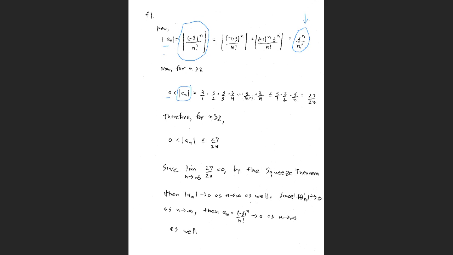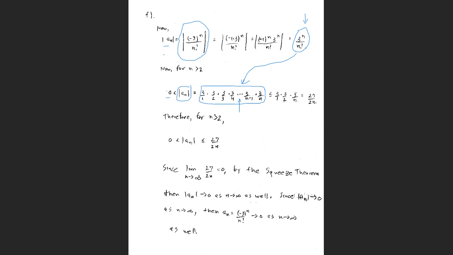So for n greater than or equal to 2, if I want to write out this sequence, 3 to the nth power over n factorial, I could write that as 3 over 1 times 3 over 2 times 3 over 3 times 3 over 4. Okay, keep going, and then the last terms would be 3 over n minus 1 times 3 over n.